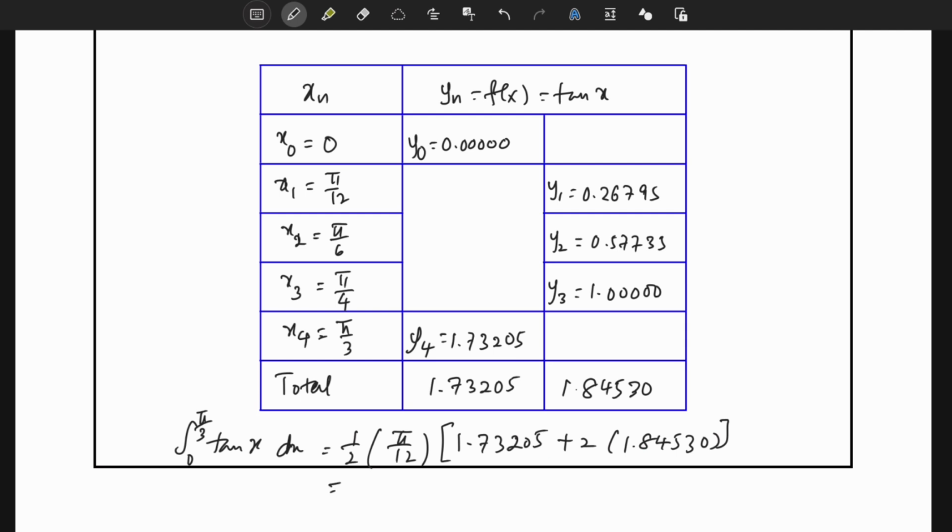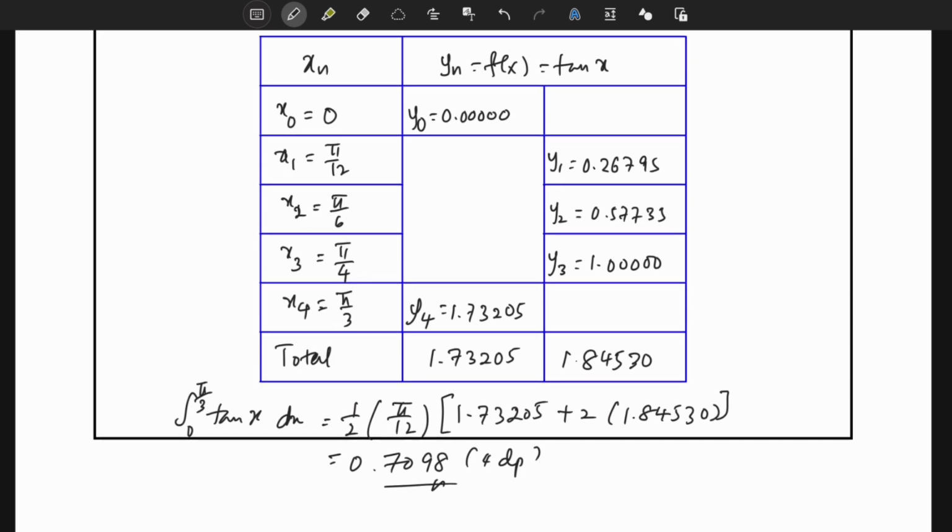So the answer will be 0.7098, to 4 decimal places. Done. That is the end of the chapter.